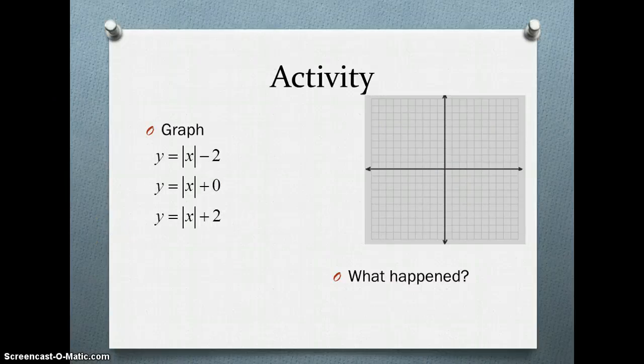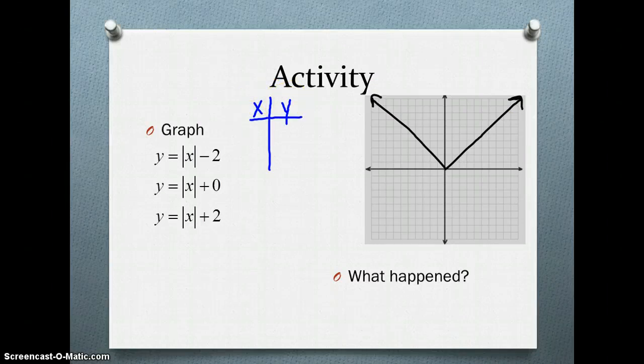And last part of our activity here, we'll start here. Again, the absolute value of x plus 0. If you add 0, you don't change it. So that is just the original function that we can compare to here. We're still comparing to that. And let's take the absolute value of x minus 2.